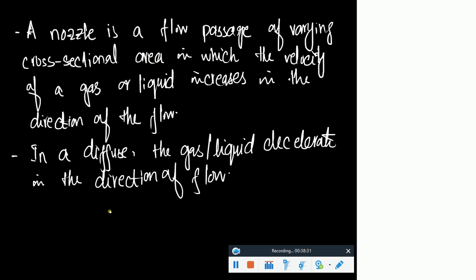Again, I am not going to explain why it happens, but just keep in mind that if velocity increases, pressure would decrease. If velocity decreases, pressure would increase. Why does it behave like this? We will talk about that, or you can have the detailed explanation in your fluid mechanics course.